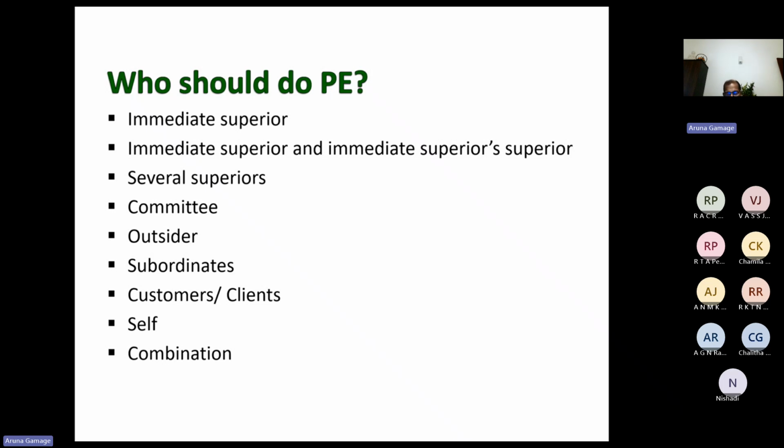Each and every alternative has strong merits and demerits. Immediate superior is a good choice. Immediate superior is the one who knows best. But if you use the immediate superior, sometimes the evaluation may not be accurate because there will be some inaccuracies or some partialities.